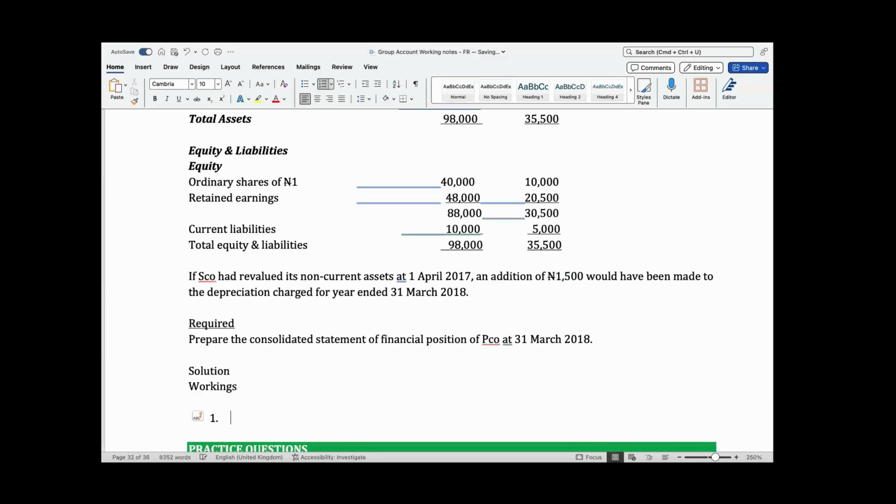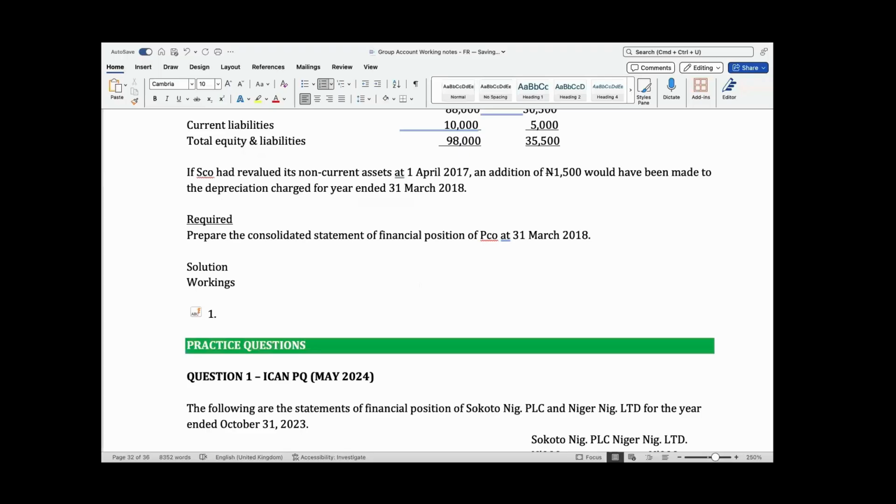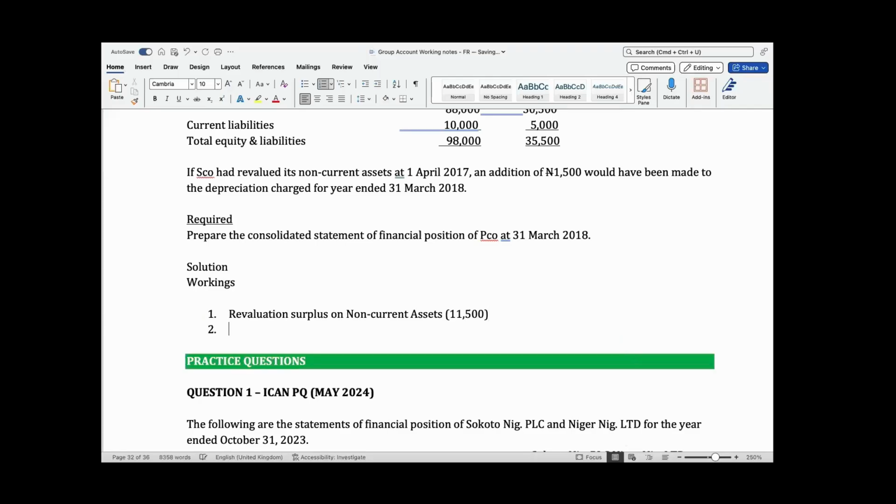So, revaluation surplus on non-current assets of 11.5. Two things.